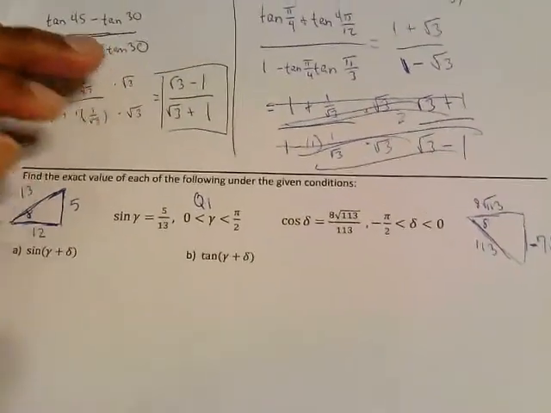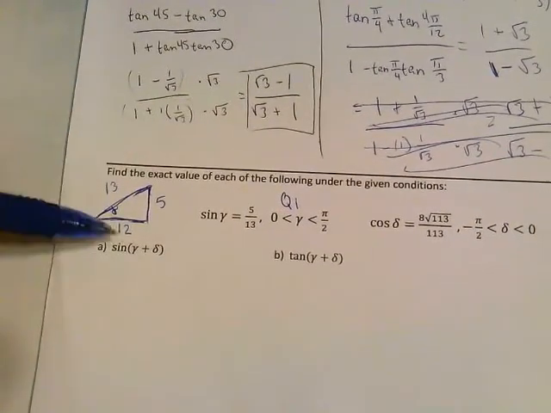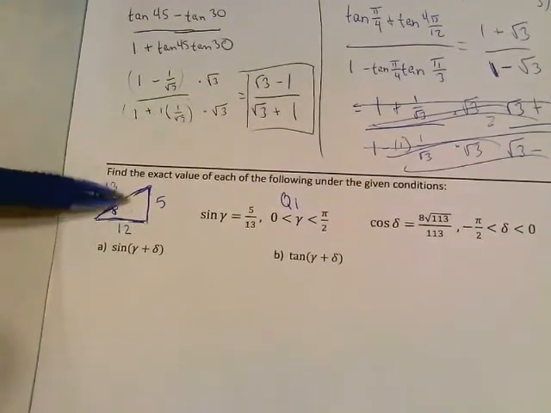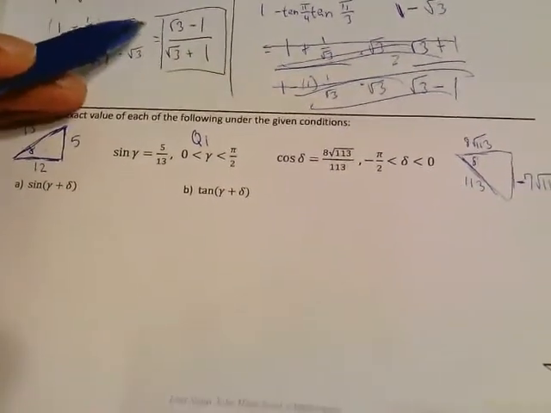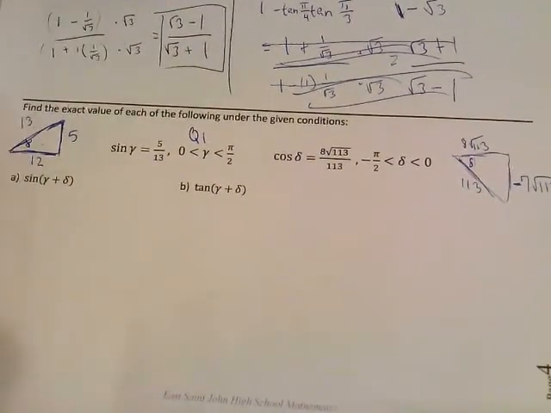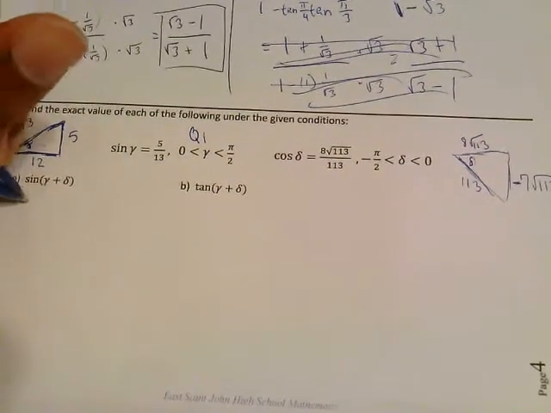So now, for sine of gamma plus delta, for our gamma angle measures, we'll use this triangle. For our delta angle measures, we'll use the triangle up over on the right. So sine of gamma plus delta, we can write out our formula.